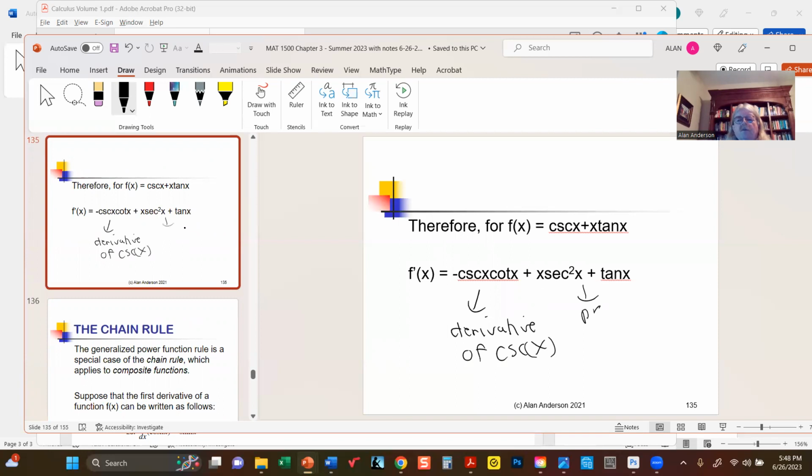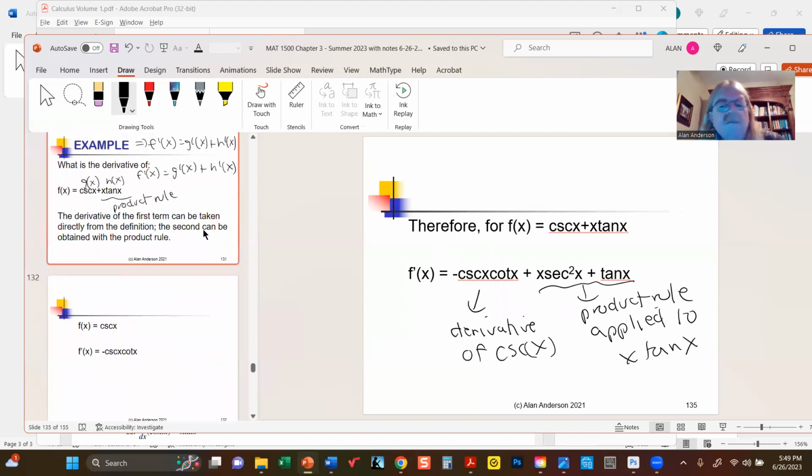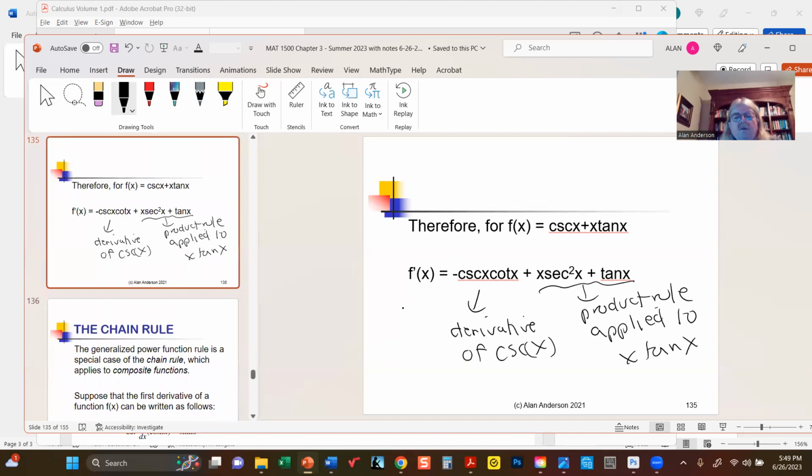And this is the product rule applied to x tangent x. And we're done.